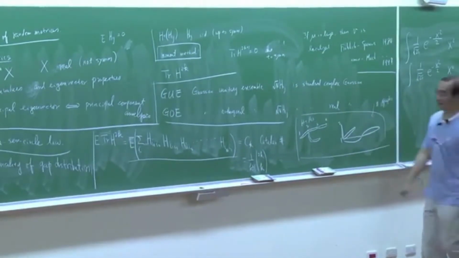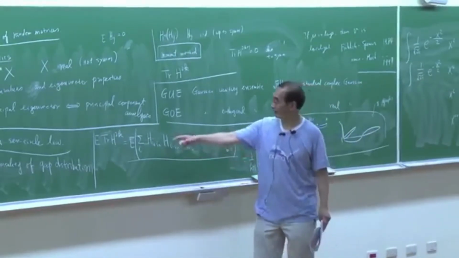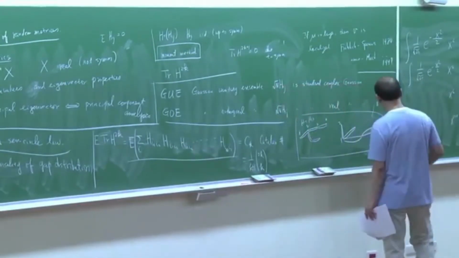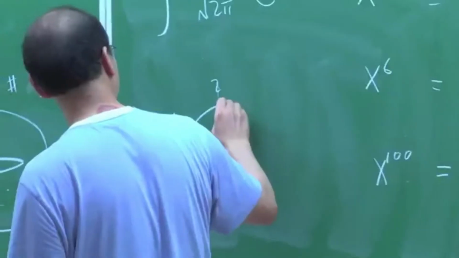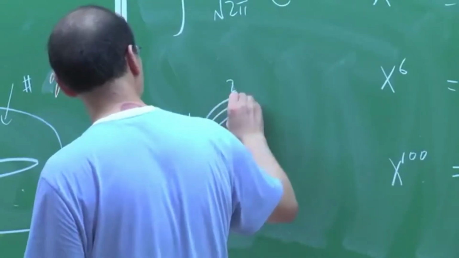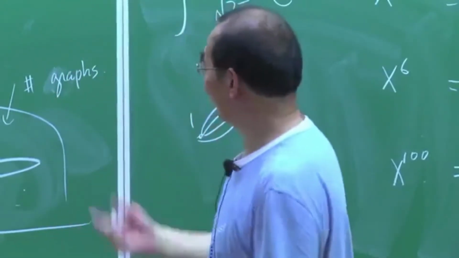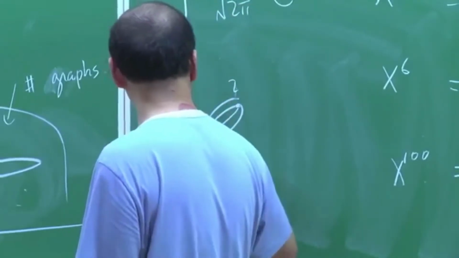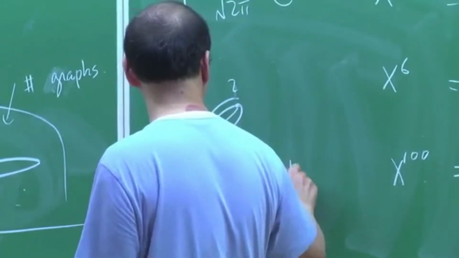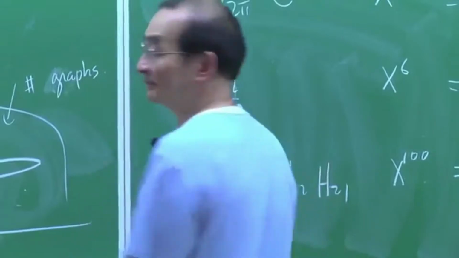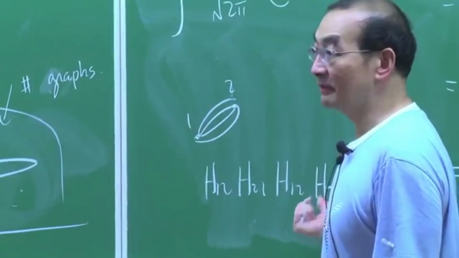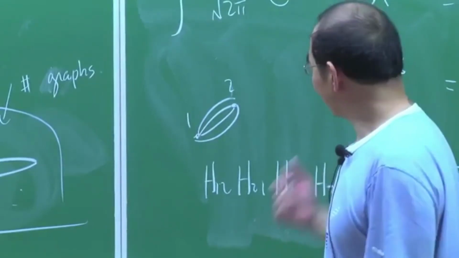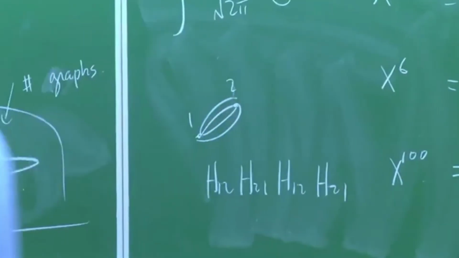I have to mention one thing. It's possible you have 1, 2, and 2, 1, and 1, 2, and 2, 1, that is, H12 H21 H12 H21. But if you look at this case, the combinatorics is much smaller, because here you do the summation.